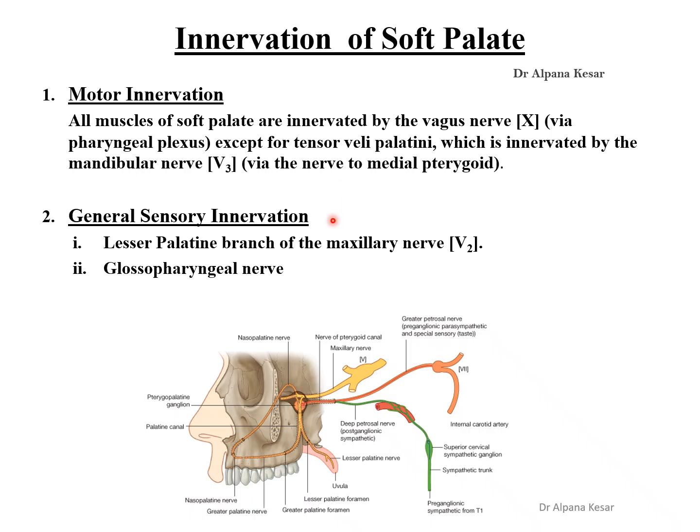General sensory innervation. Sensory innervation of soft palate is by lesser palatine nerve. Lesser palatine nerve is a branch of maxillary nerve. Sensory innervation of soft palate is also contributed by glossopharyngeal nerve.